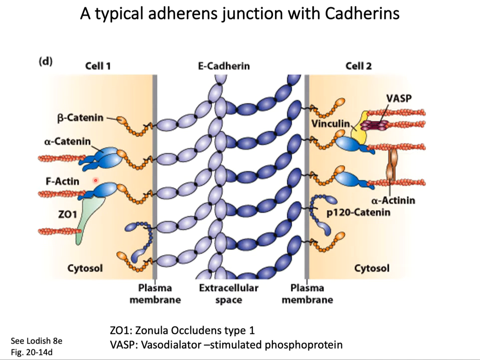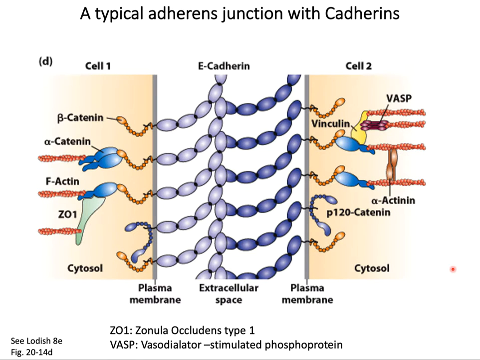The cell on the left has beta-catenin, then alpha-catenin, and then ZO1, which can connect the cadherin to the F-actin. And the cell on the right is using different types of plaque proteins: vinculin, VASP, alpha-actinin, and p120-catenin, connecting the cadherins to the actin filaments.